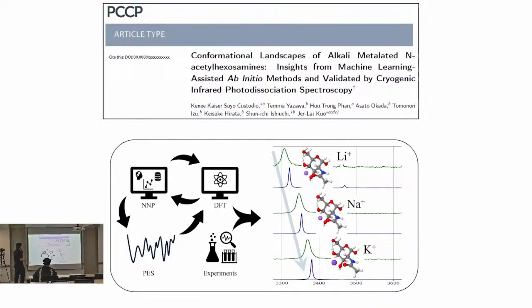We have just submitted our response letter for this work that we had submitted to BCCP, and here, rather than protons, we looked into alkali metals: lithium, sodium, and potassium ions. We look at the same N-acetyl hexosamines and at how the conformation changes, and whether it is still possible to differentiate these systems using these ions in terms of their vibrational signatures.